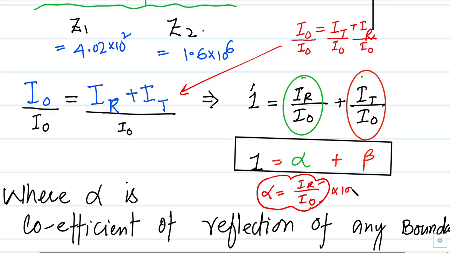If I multiply that by 100, I can simply say that the percentage of reflected intensity is determined by your alpha. Is this very clear to everyone? Is there any confusion?